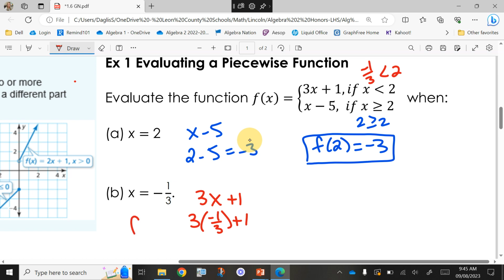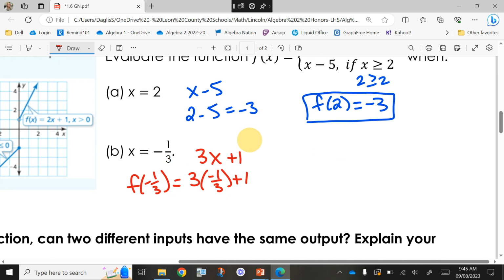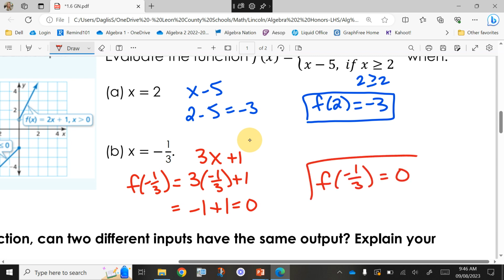This is what happens when we're plugging in -1/3 into my function. My x gets replaced. What is 3 times -1/3? It is -1. And what is -1 plus 1? 0. So when we plug in -1/3 to my function, I get an output of 0.